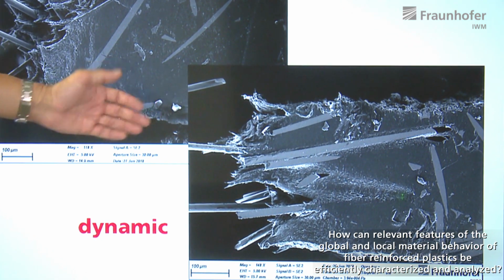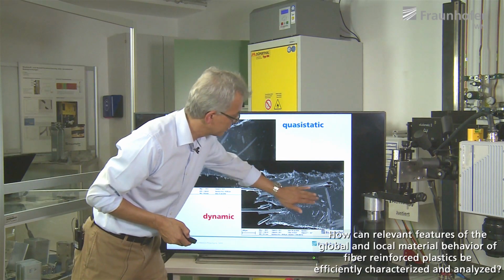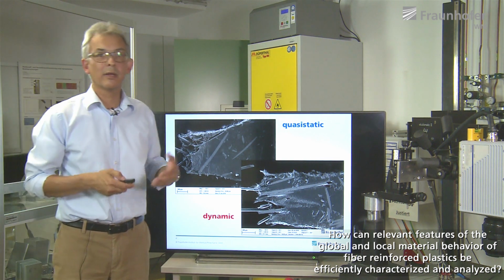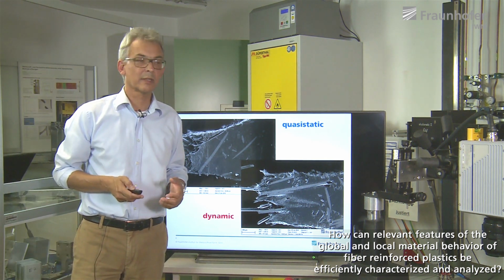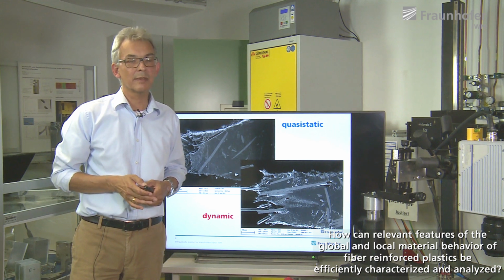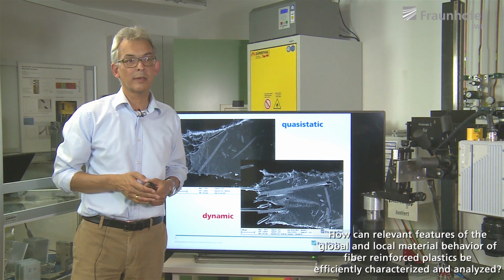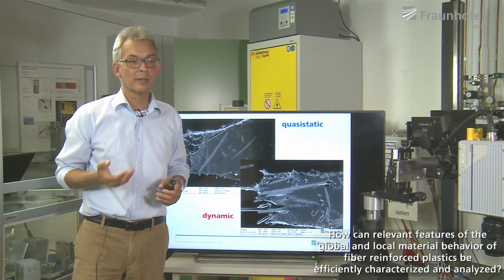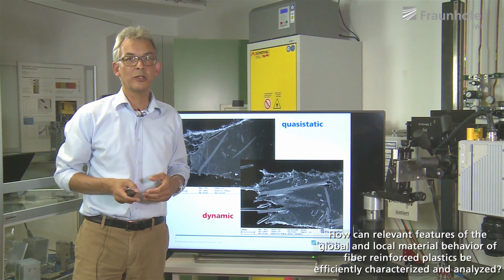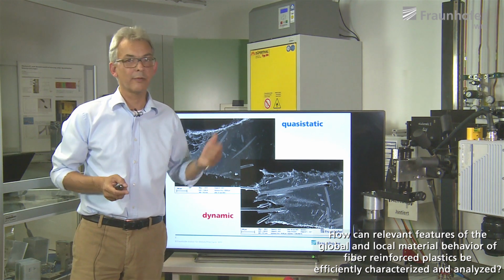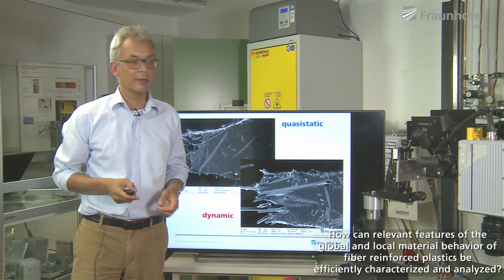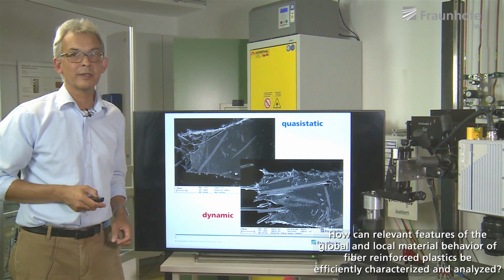Here the matrix behavior is much more ductile and larger deformations take place. So this leads in the end to a different amount of energy absorption due to higher forces or deformations that will occur under these conditions.